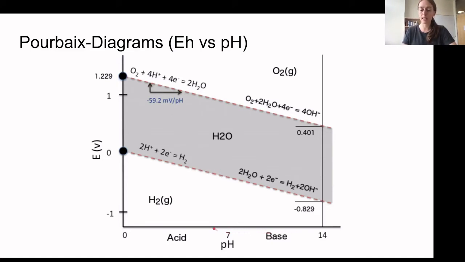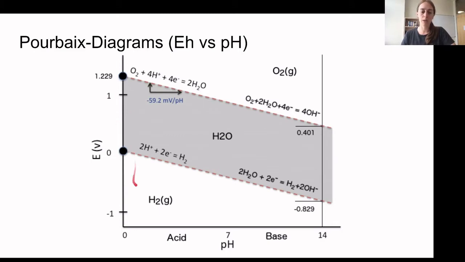Across, we have pH on our x-axis, where we have more basic water over to the left and more acidic water over to the right, and our redox potential here. We can see that we have these straight lines in a pretty narrow envelope in which we actually have water as a function of pH and EH.